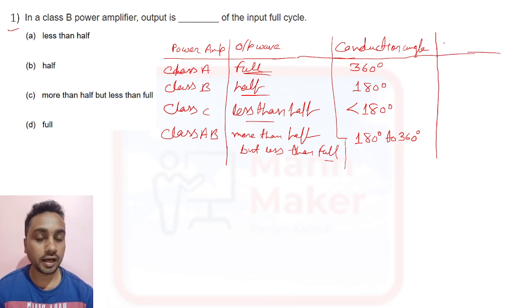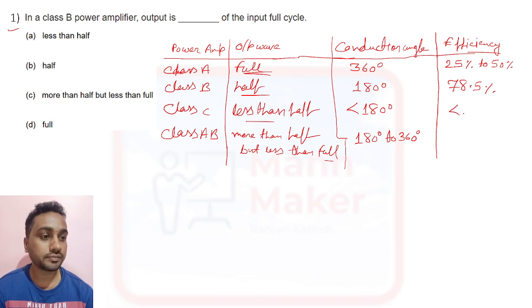Sometimes they will also ask about the efficiency of an amplifier. In a class A amplifier, efficiency will be 25% to 50%. In class B it will be 78.5%, in class C it is less than 50%, and in class AB it will be 50% to 78%.